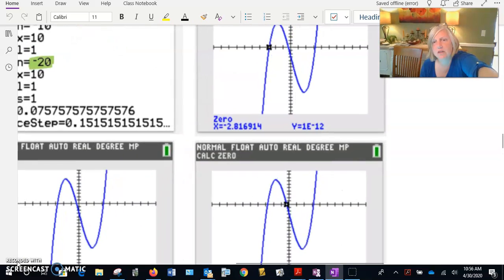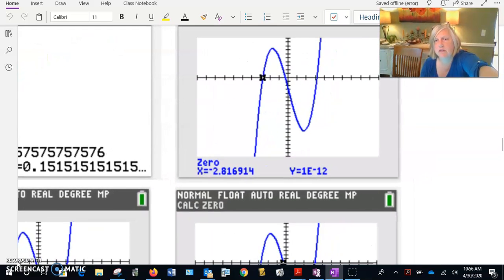One thing to notice on this, and remember your calculator is doing a guess and check for finding these, that in that guess and check, notice that over here in this one, it didn't get 0 for the y value, but remember that's just scientific notation, and it's just because it's estimating the 0, so it's okay if that says something weird like 1 times 10 to the negative 12, because that's essentially 0.